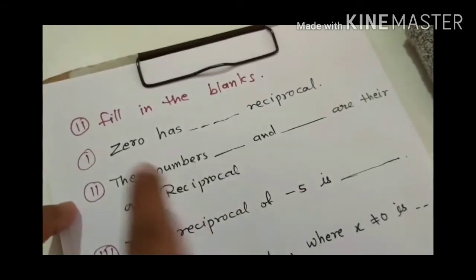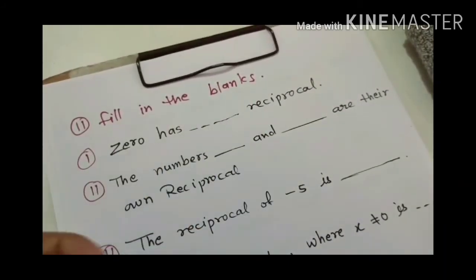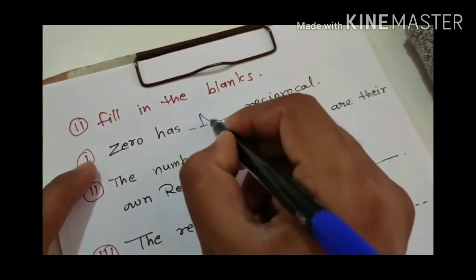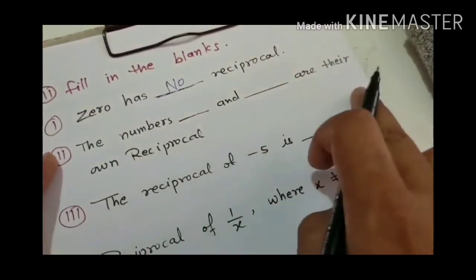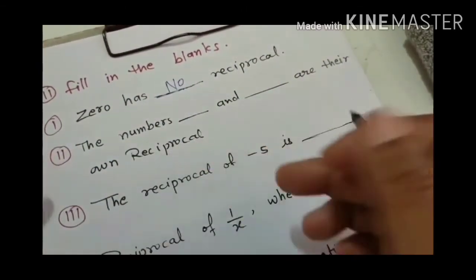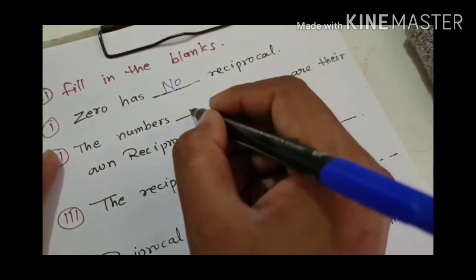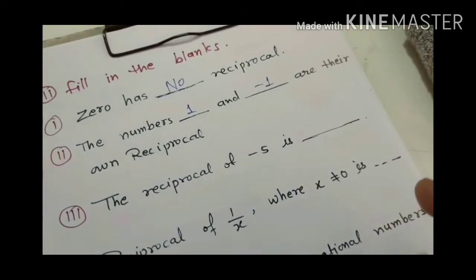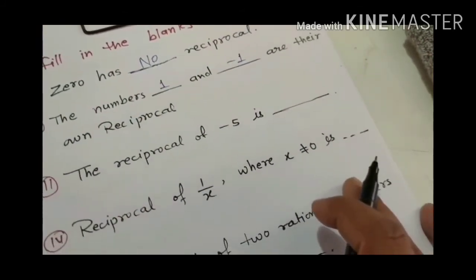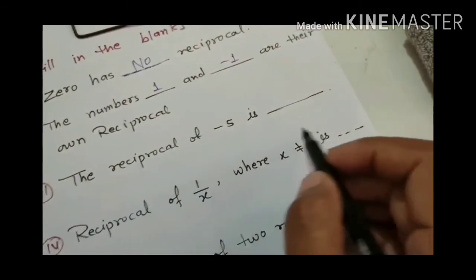Fill in the blanks. Now 0 has dash reciprocal, just what we did. 0 has no reciprocal. The numbers dash and dash are their own reciprocal: 1 and minus 1. Only these two numbers have the same reciprocal as we did.